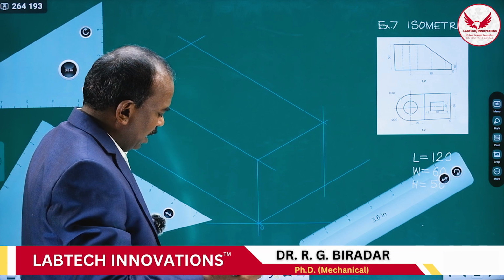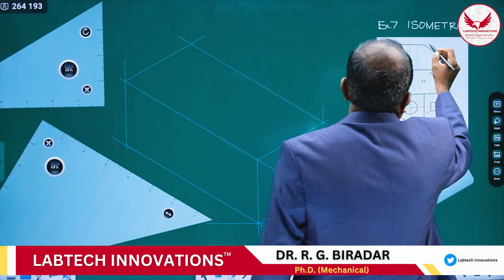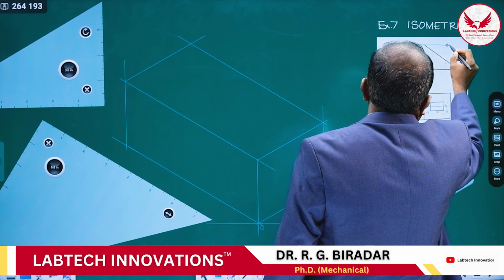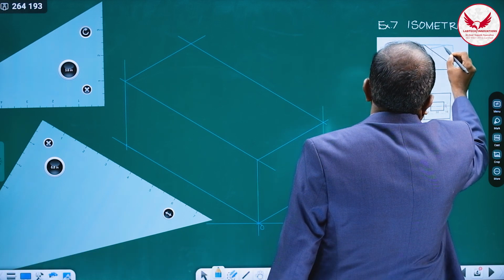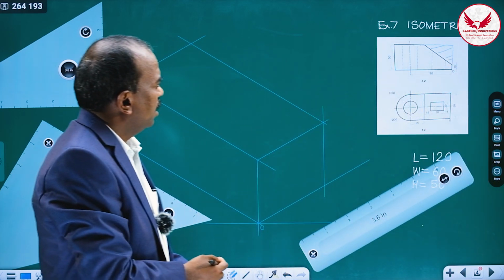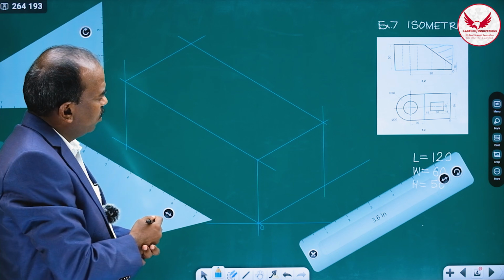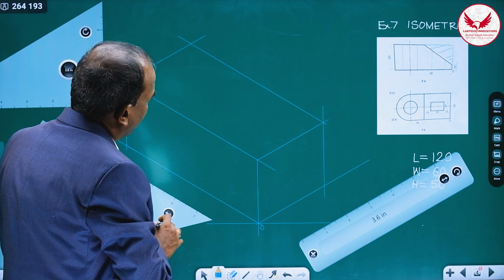If we consider this rectangle in the front view, it is going to be a rectangle like this, and from this rectangle this portion is missing, this portion is missing. If we directly remove that portion from the isometric box, it's very easy to draw.